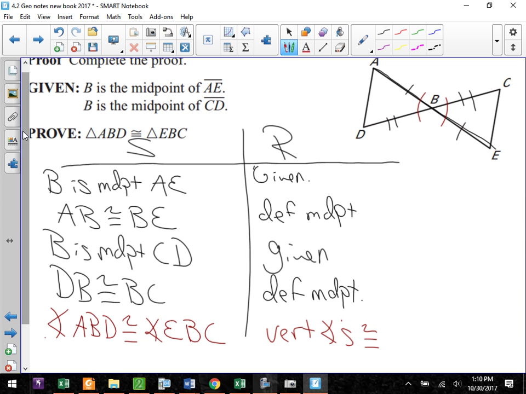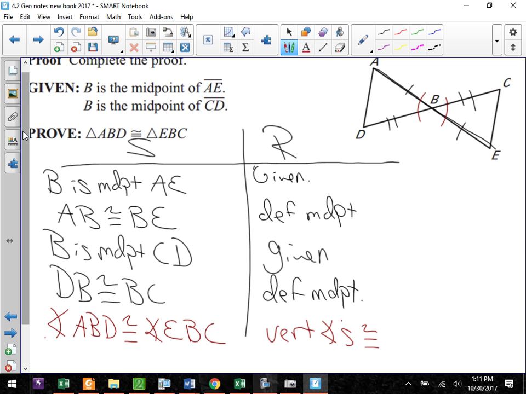So, in this instance, if you really go down to it, these steps, you only had to come up with one of them on your own. And the only one you had to come up with on your own was that vertical angle part, because everything else was a definition. Even the last step here, how do we know that they're congruent? What's the reason? It's one of these two.